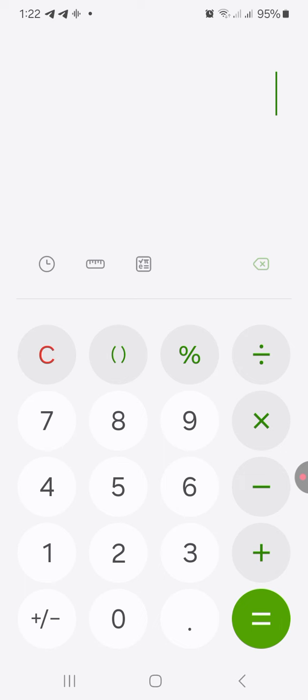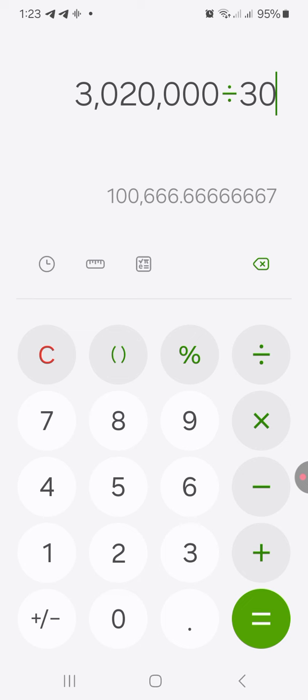Now, every month, 3 million 20,000 Bittoken is issued by the smart contract. I want to find out how much Bittoken is distributed per day, so I divide by 30.